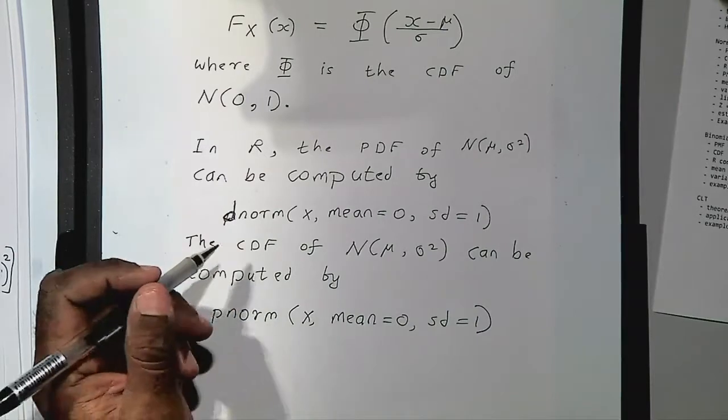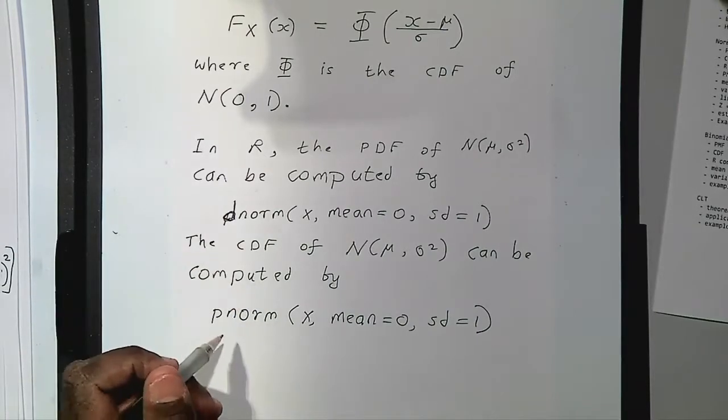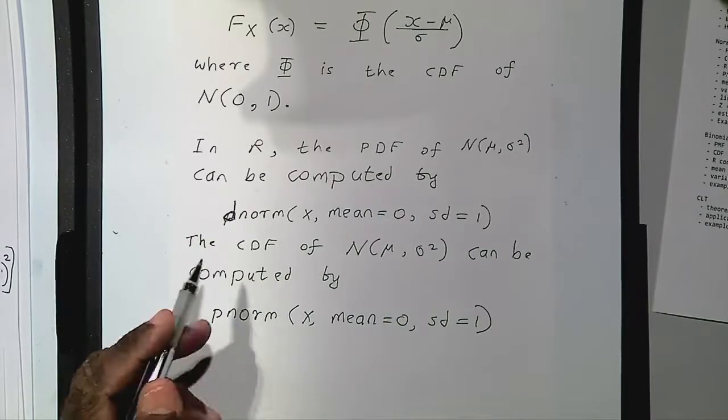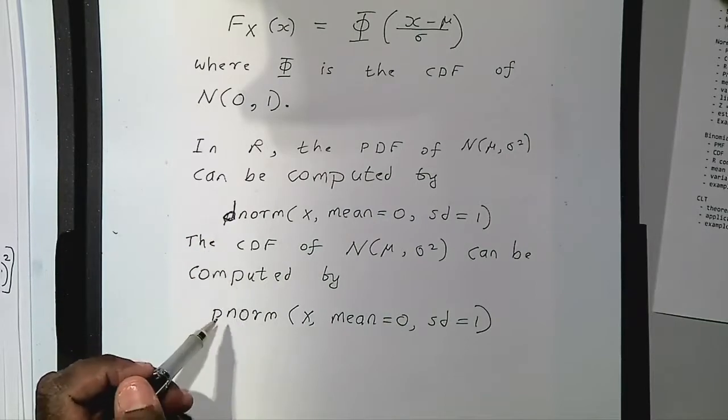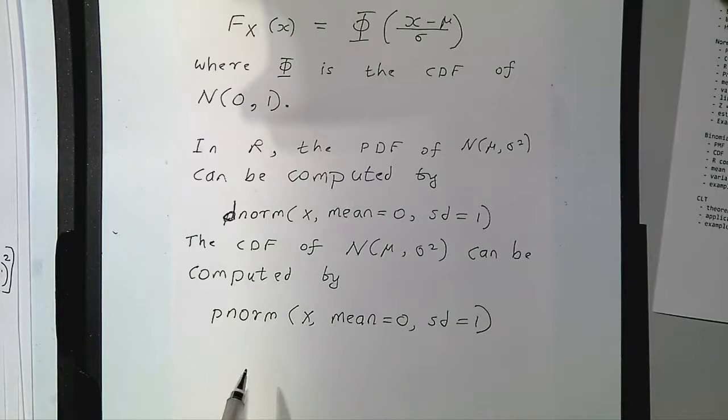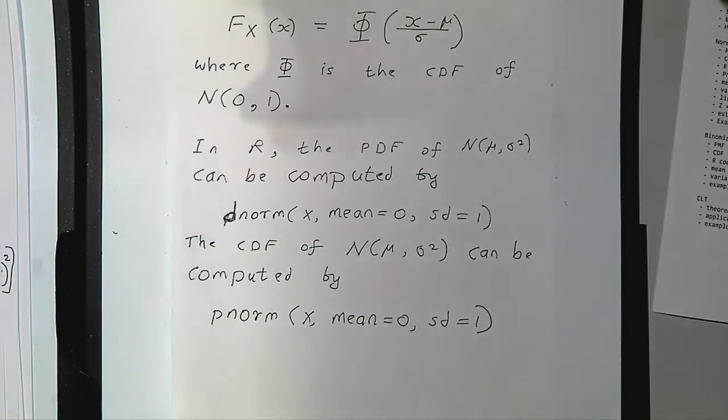So D for the density, P for the CDF, right? Remember that all the time. D for density, P for the CDF. Then the rest are the same, okay? All right, guys, are you with me so far?